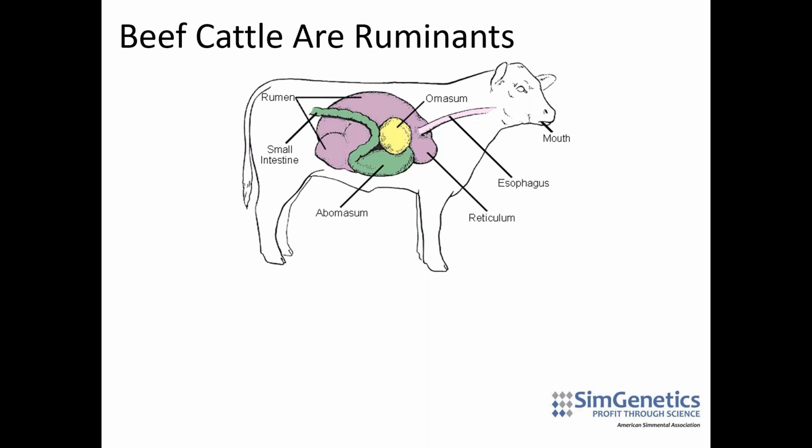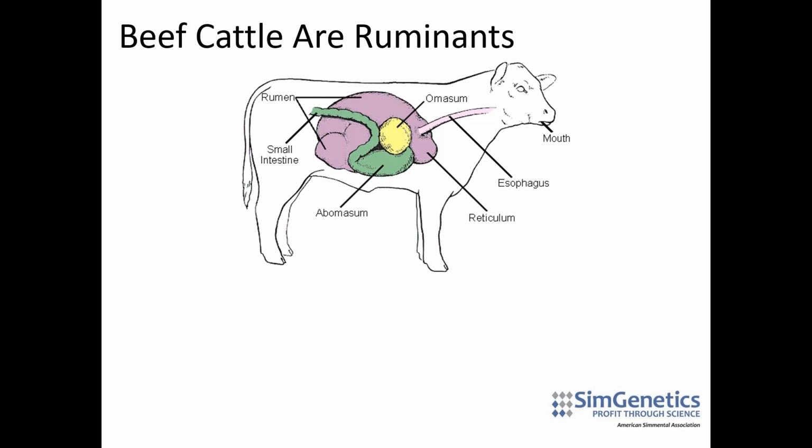So then the other two compartments are the omasum, which is next in line, and the abomasum. As feed gets digested in the rumen, now, of course, as you all know, another important component of a ruminant animal is that they regurgitate those boluses, those bites that they have taken before, and they chew their cud, right?